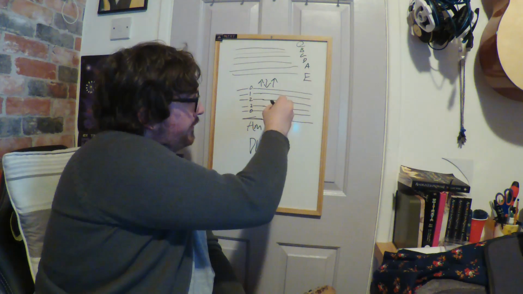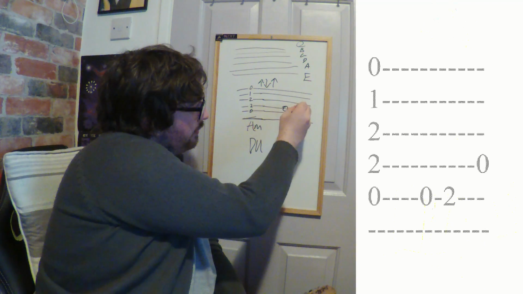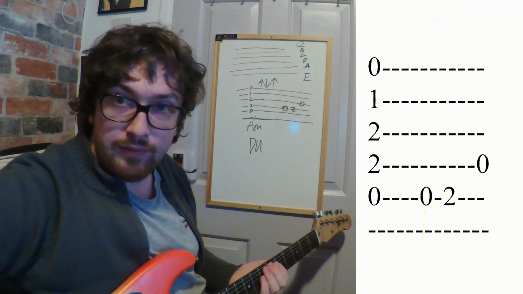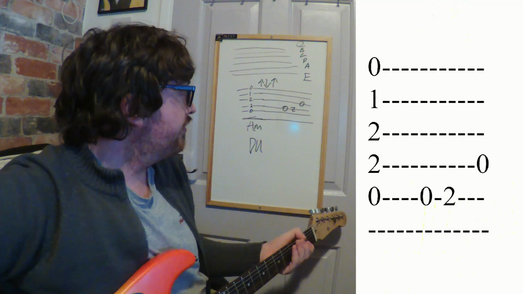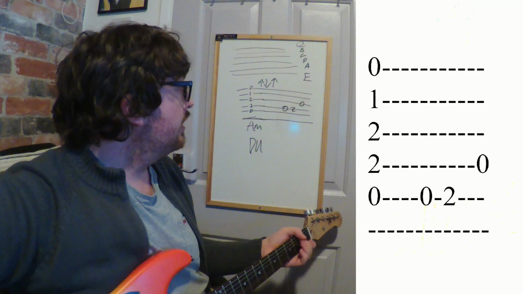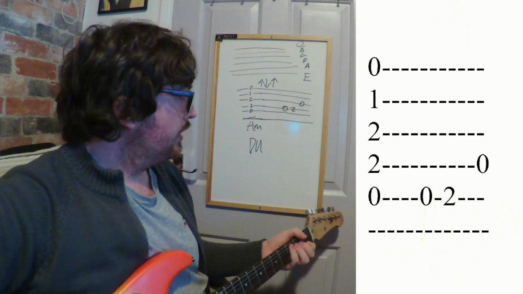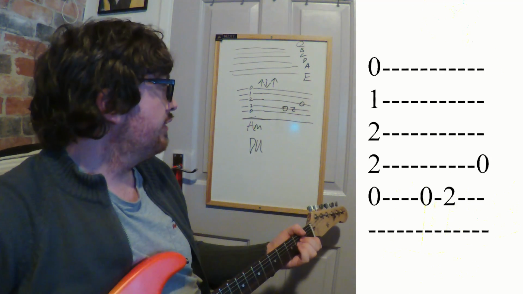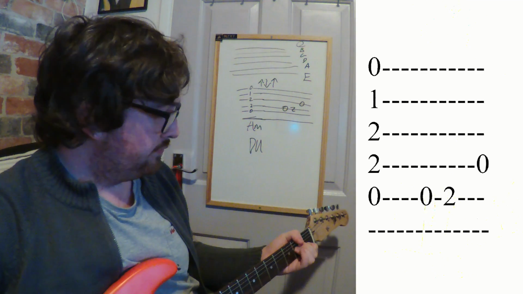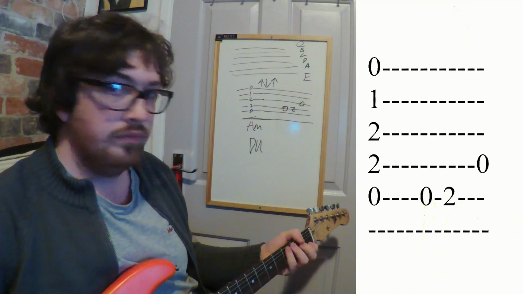The next thing is, if you're doing notes, it'd be written 0, 2, 0. And that tells you which order the notes are played. So I'm playing 0, 2, 0, and then continuing with the progression. I played that wrong, I should be playing this.